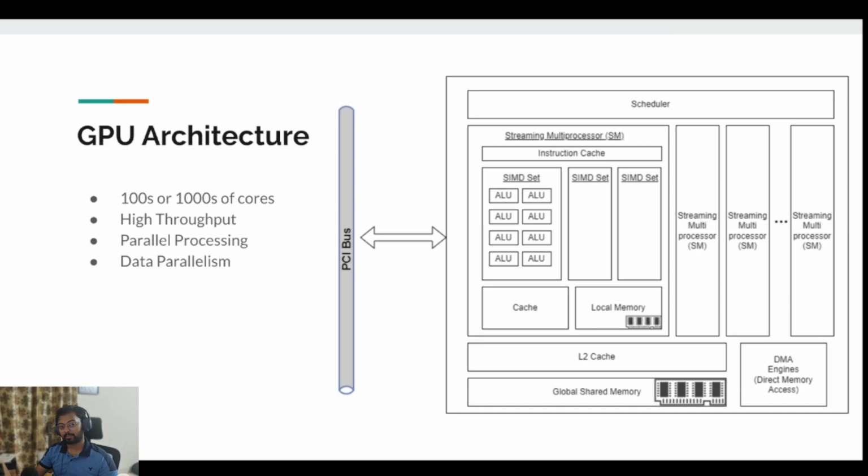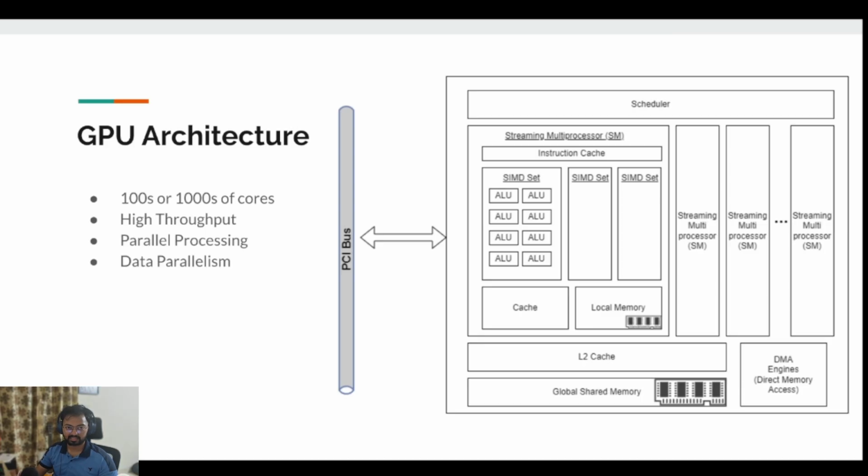What happens with the GPU is that it gives us high throughput, meaning once you load the data, all the data is processed and you get your result back, but it is not low latency, because it takes time. In the CPU we can expect latency in the range of nanoseconds or microseconds, whereas here we would expect higher latency.